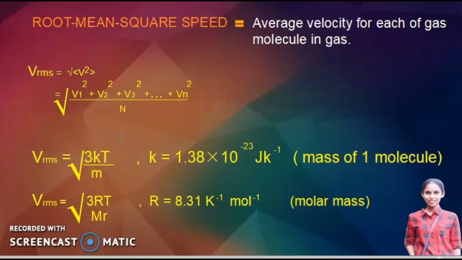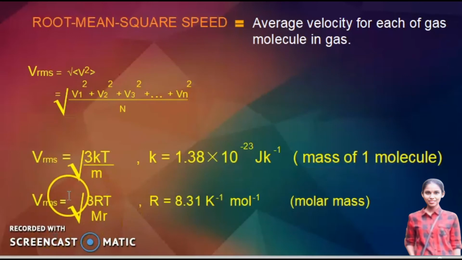So whenever the question gives you degrees Celsius, don't forget to convert it to Kelvin. Okay, mass. If the question gives you the mass of one molecule, then we must use this formula. Then how about this formula? This formula is for when the question gives you molar mass, then you use this formula.